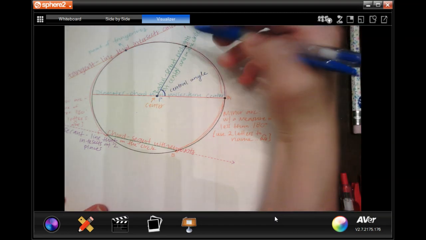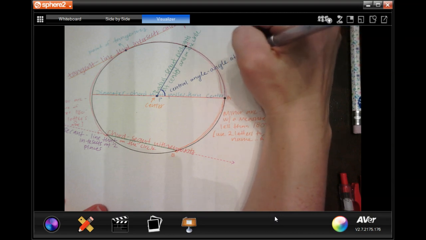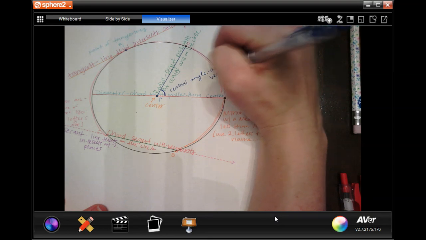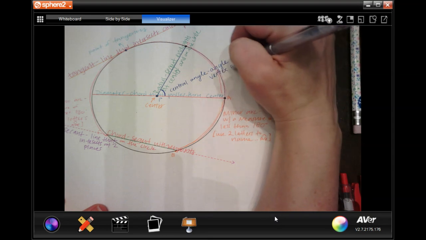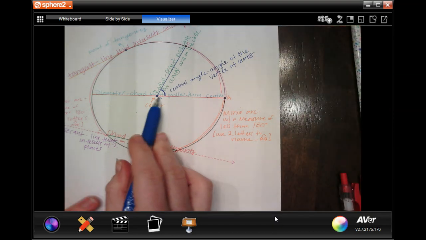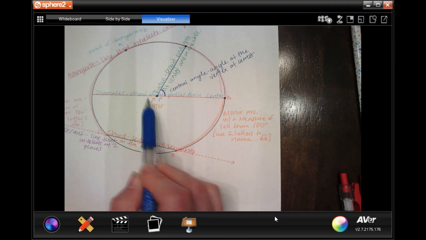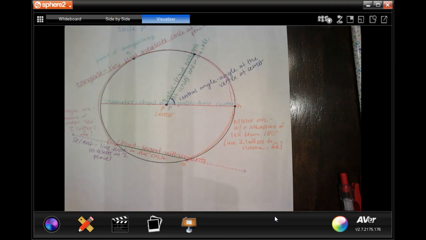This is the center. So this is an angle with the vertex at the center. So if we've got the angle, we're talking about the angle at the center, any kind of angle at the center is a central angle.